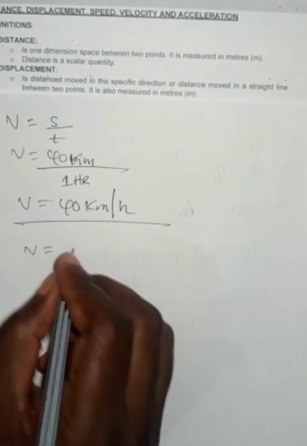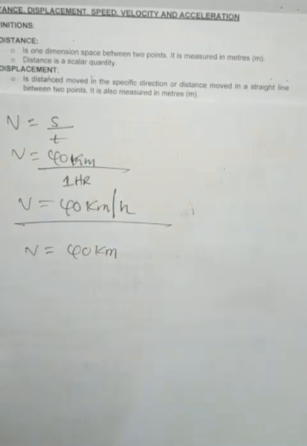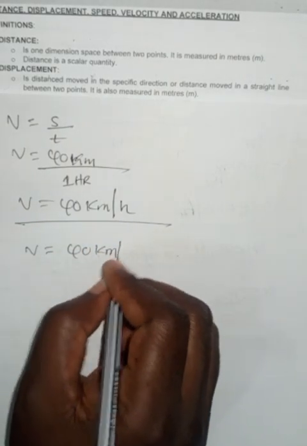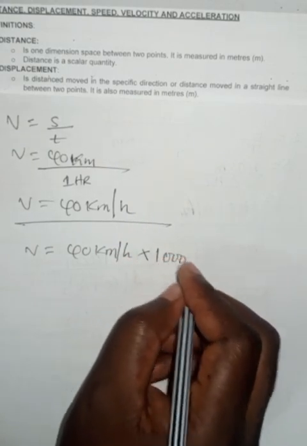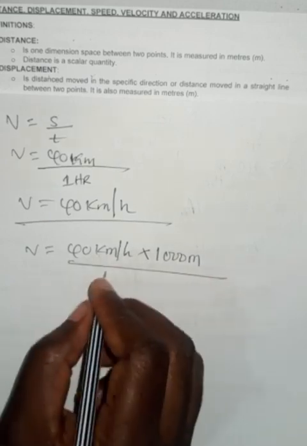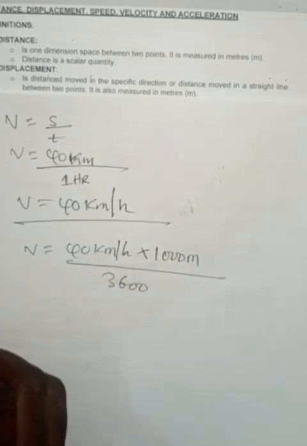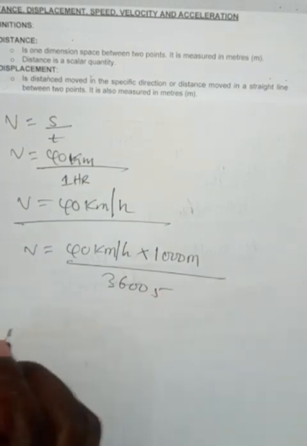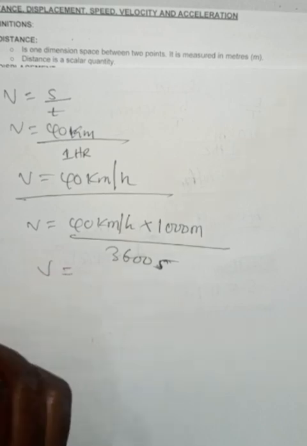Velocity is going to be 40 kilometers per hour multiplied by 1000 meters, over 3600 seconds.